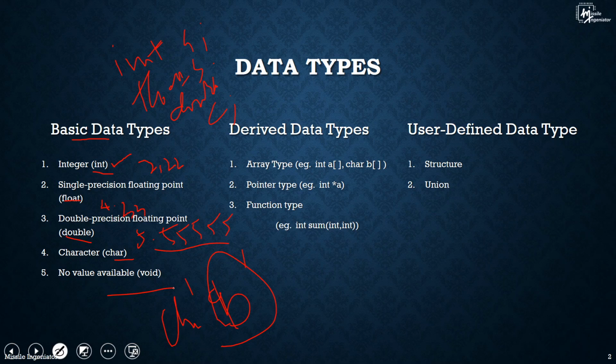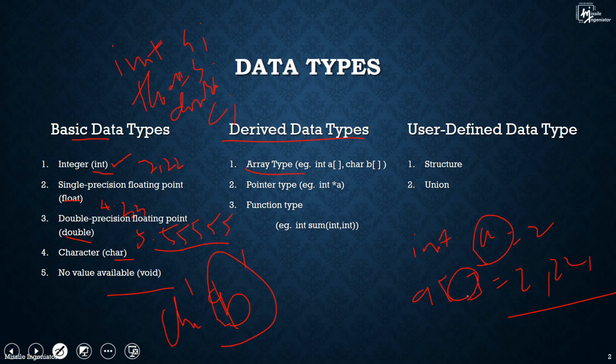Sometimes you declare your main function as void main, so that you do not want to return anything. Okay, so the next data types are the derived data types. The first one is an array. When you declare an integer a, you can hold only one value, so you can give 2 only. But if you want to store multiple values inside this identifier, then you have to use an array, which holds multiple values like 2, 22, based upon the size you declare.